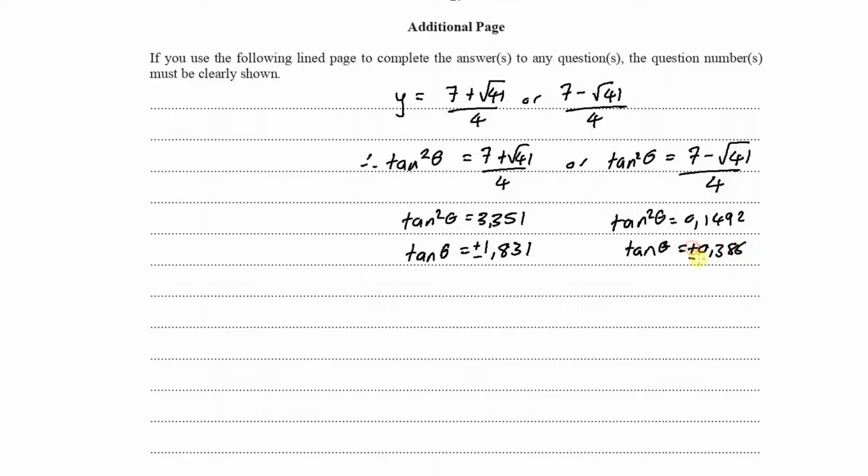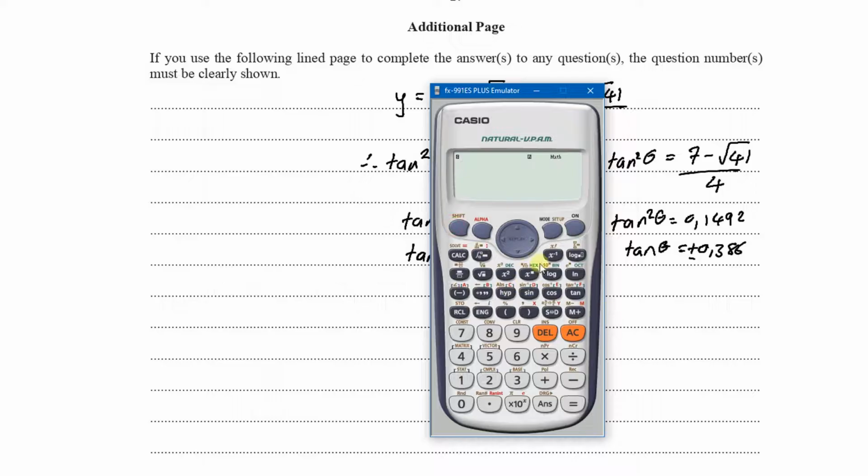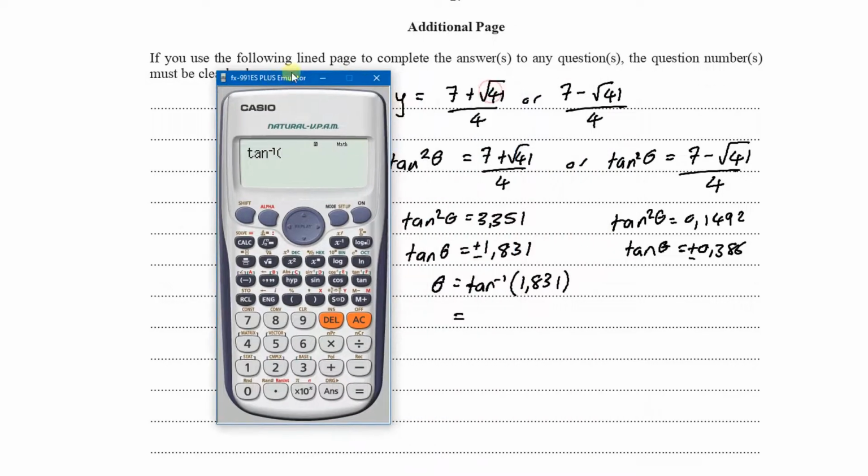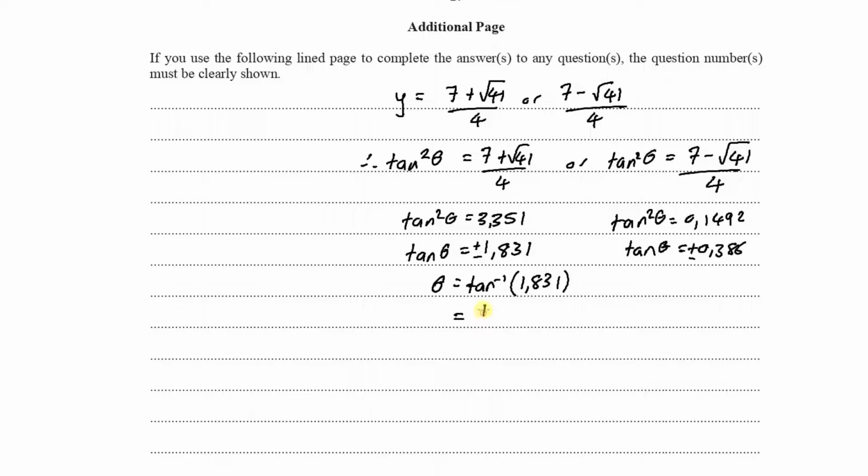Okay, so to get theta, we're going to say theta is equal to, in this case, arctan of 1.831. So that's second function tan of 1.831, and we're in radians, so that's 1.071. So plus or minus 1.071.